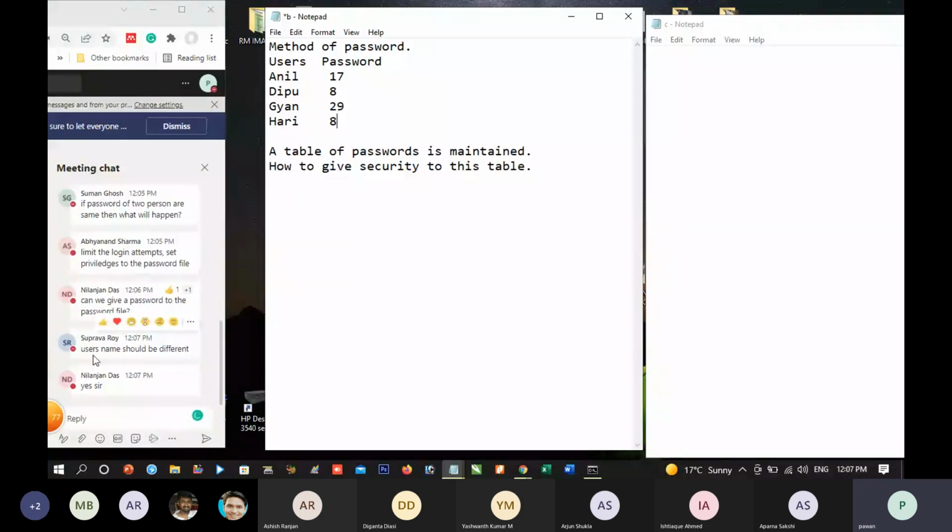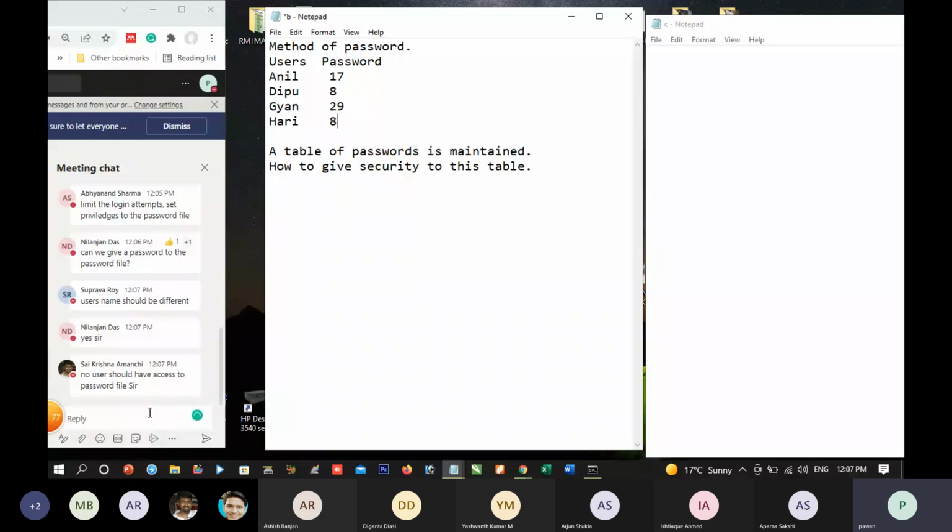User names, yes, user names will be different, and different user names are always maintained. Is it correct? What is the problem? So how to protect the table of passwords?